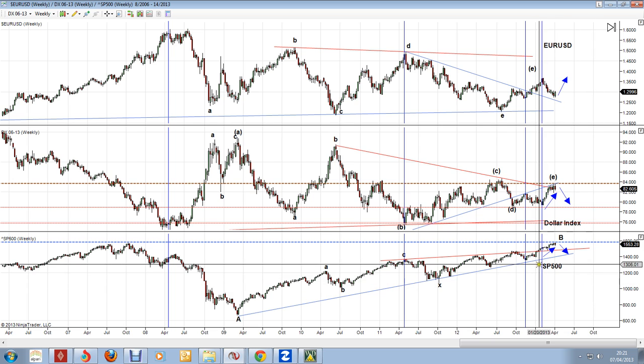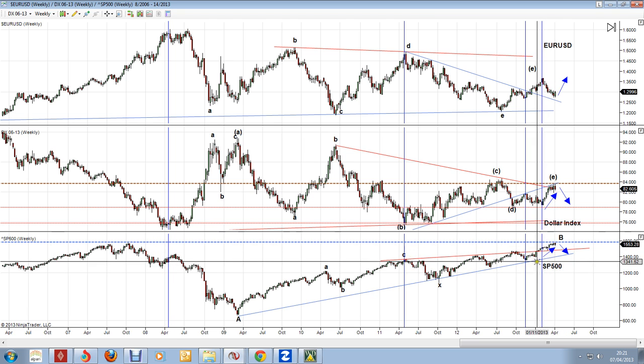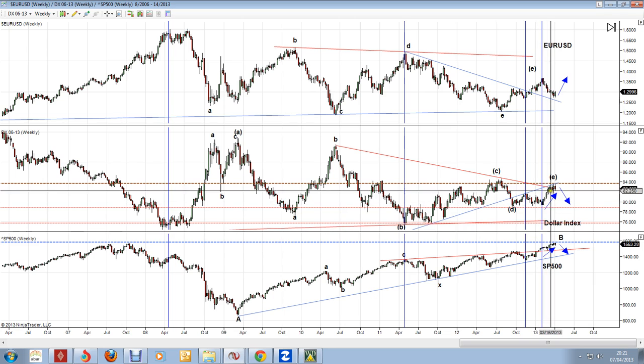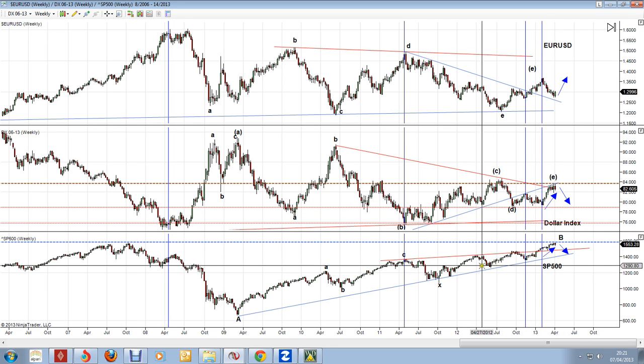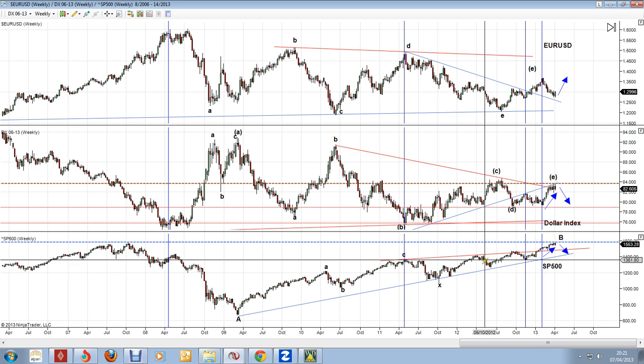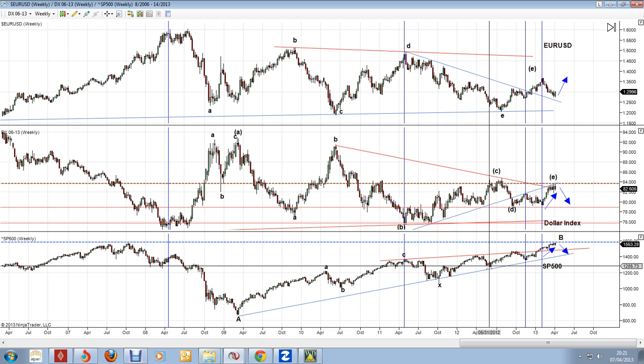In particular from here, which is basically February of this year, we have been going up on the equity index and we have been going up on the dollar index. If you pick certain segments here, like here, we got the dollar index going up and the equity index coming down.